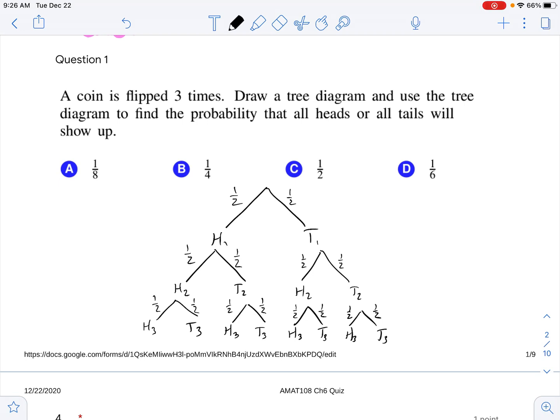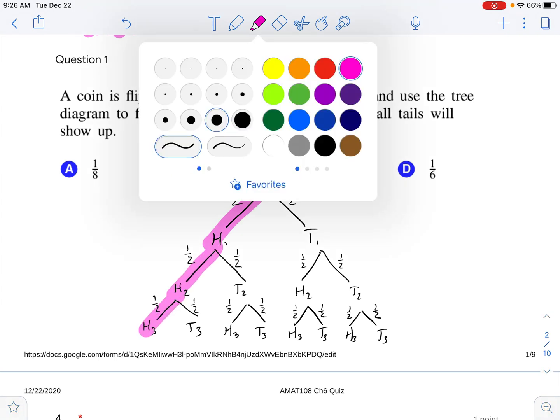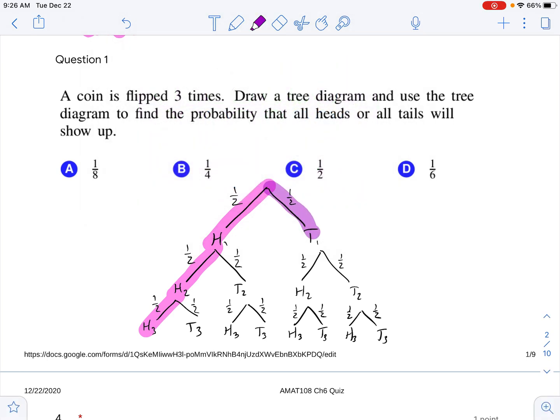Okay, so there's our tree diagram representing 3 flips of the coin. We want all heads, that would be this path, or all tails, which would be this path.